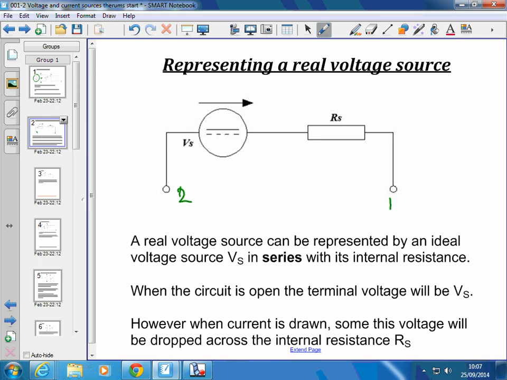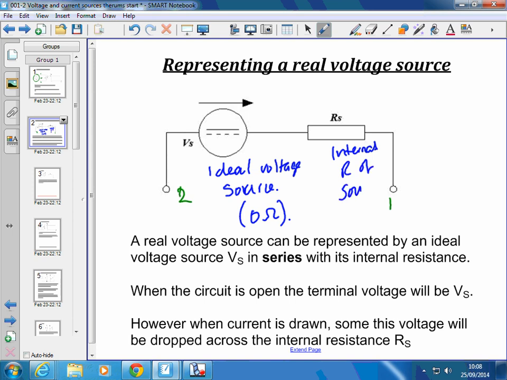So what we've got is an ideal voltage source that has 0 ohms resistance in series with a resistor RS, the internal resistance of the real source. So we've got an ideal voltage source VS in series with its internal resistance RS.